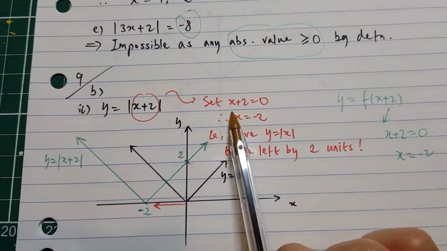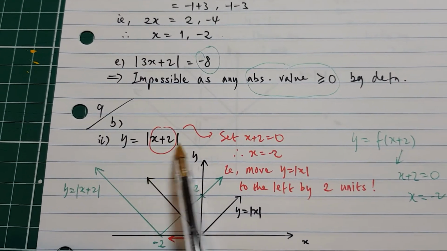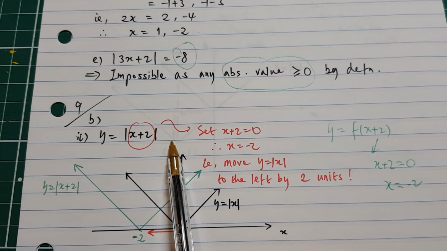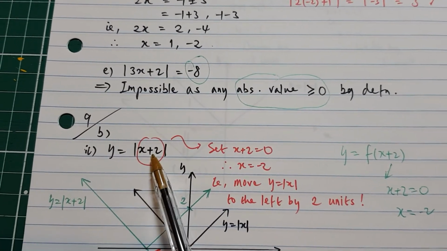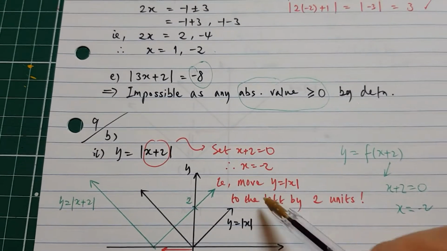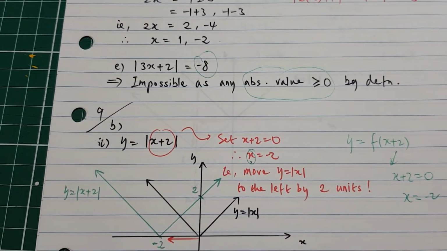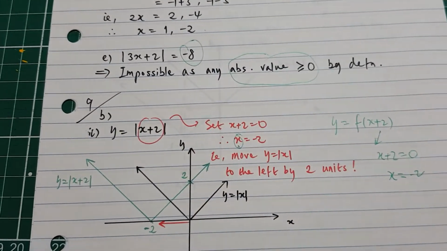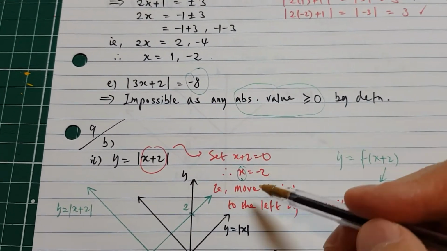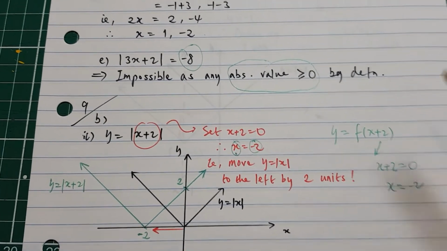So that's exactly the same argument. You can think of the absolute value as a pair of brackets. So you think of the x value that makes this whole thing 0, which is -2. Because it's the x, it's the movement along the x-axis, or horizontal movement. And it's -2, so that's 2 units to the left.